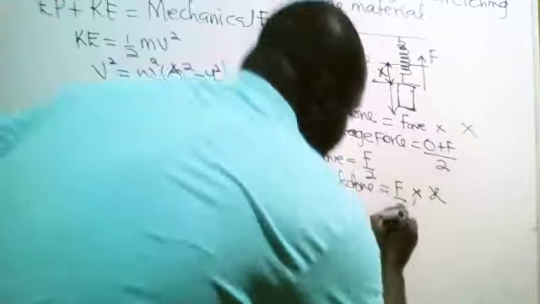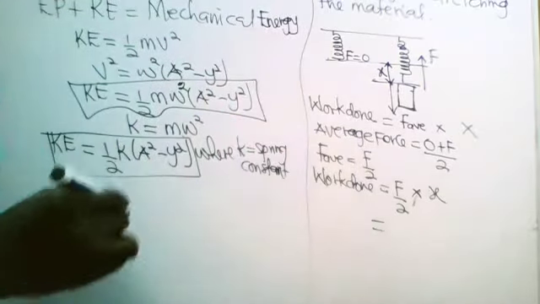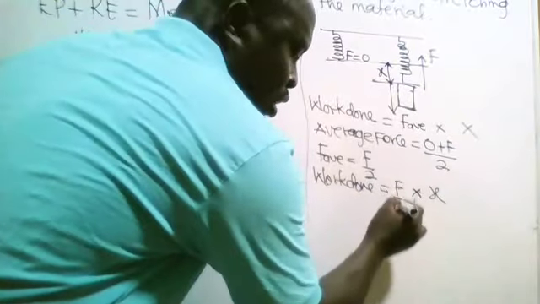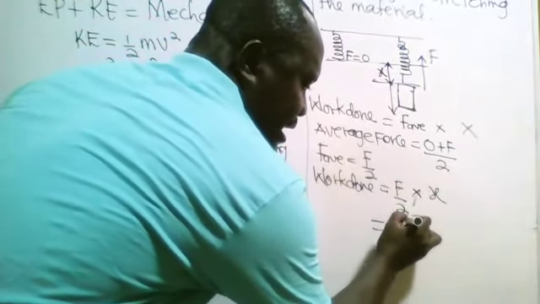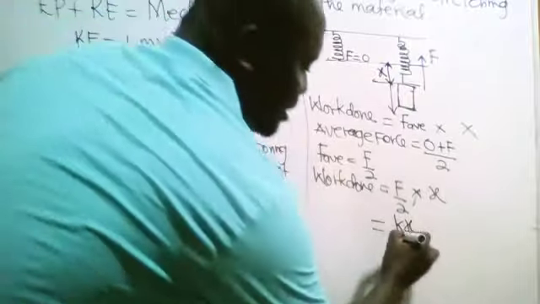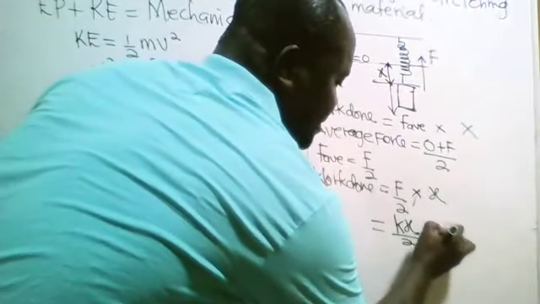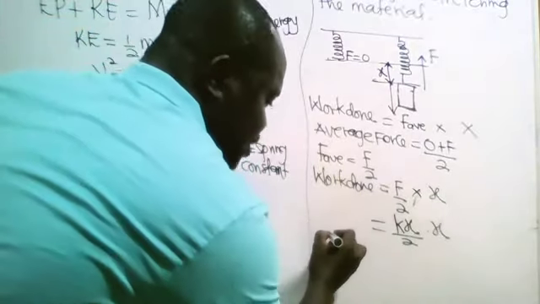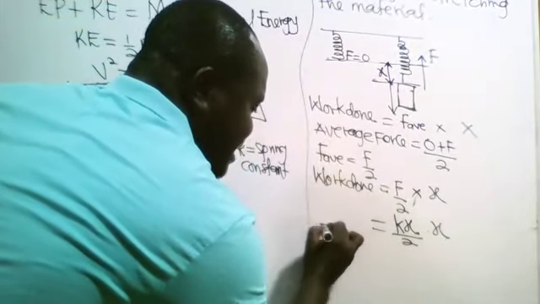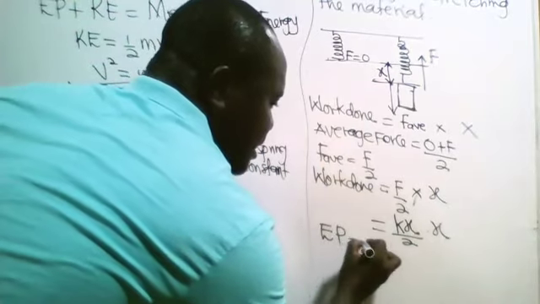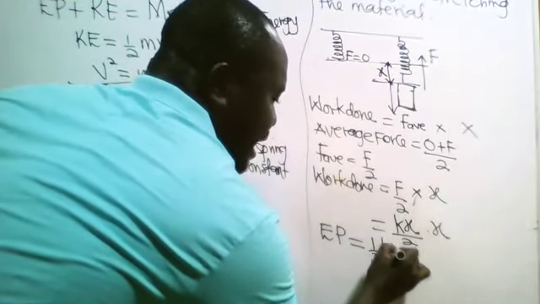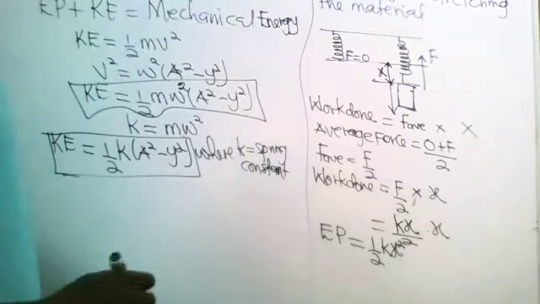So what is F? F is given by Hooke's law, Kx, divided by 2 times X. Meaning the work done in stretching the spring, which we have called the elastic potential energy, is equal to half Kx squared.